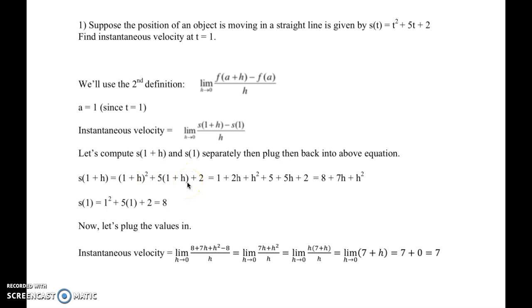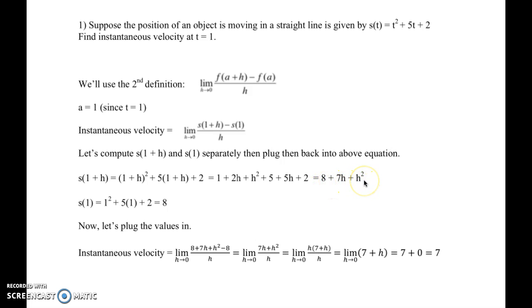We are going to have h values within our s of 1 plus h, and that's totally to be expected here. So we FOIL it out, do our distribution and add 2. We end up with 8 plus 7h plus h squared.